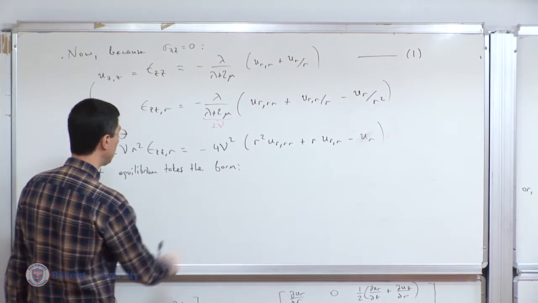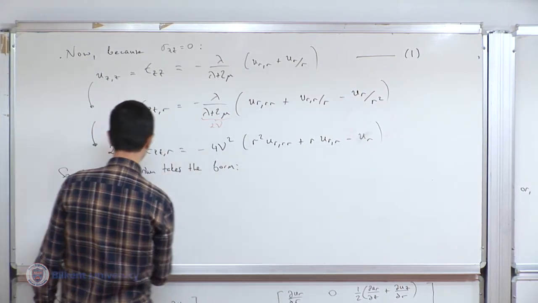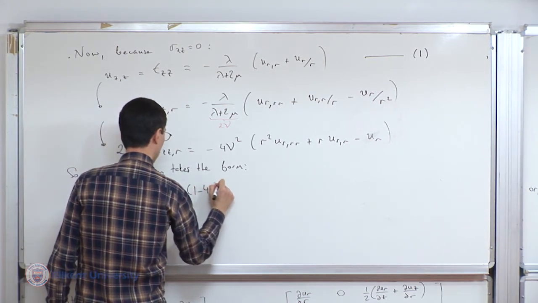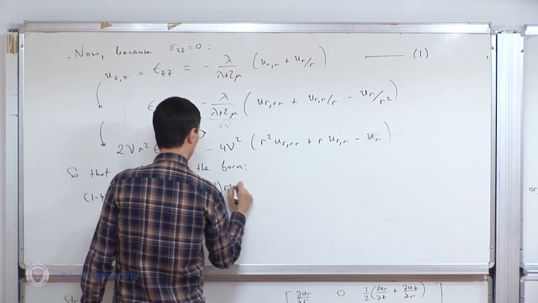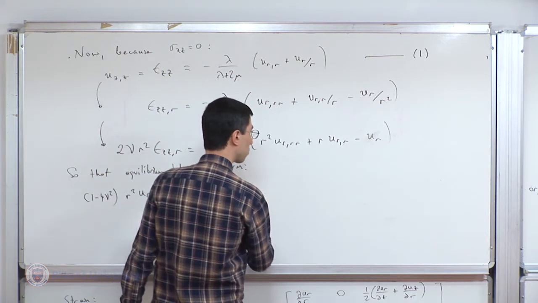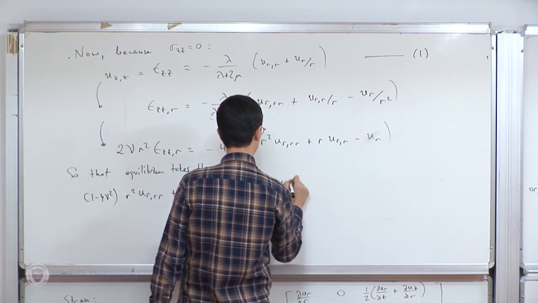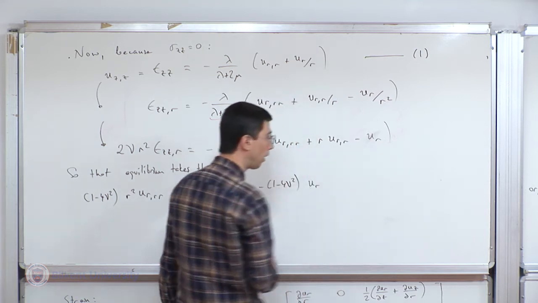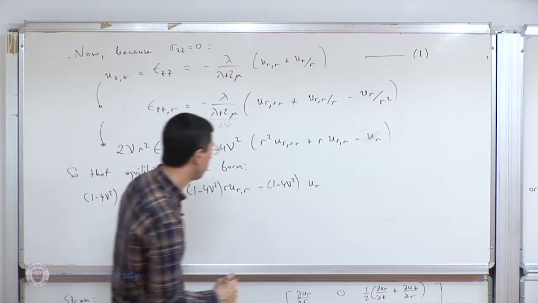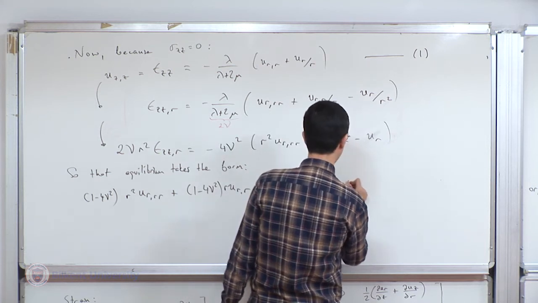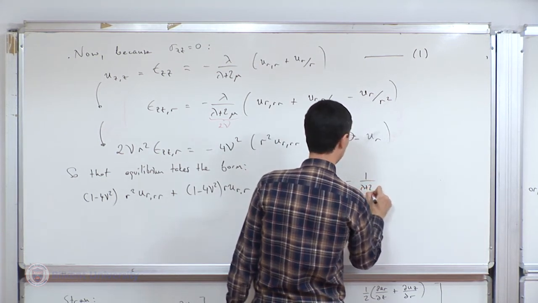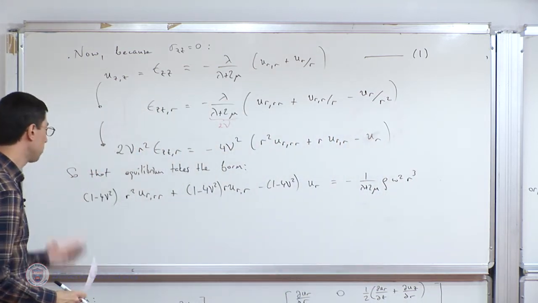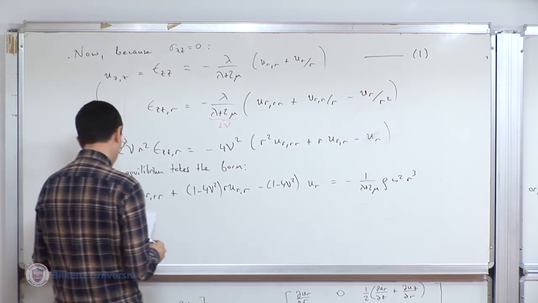If I group them together, for instance, multiplying R squared, the first term U_R,RR, and then the second term U_R,R as well, and the last term as well, minus (1 minus 4 nu squared) U_R, and that is equal to minus 1 over lambda plus 2 mu rho omega squared R cubed. And of course, I'm going to divide through by 1 minus nu squared.